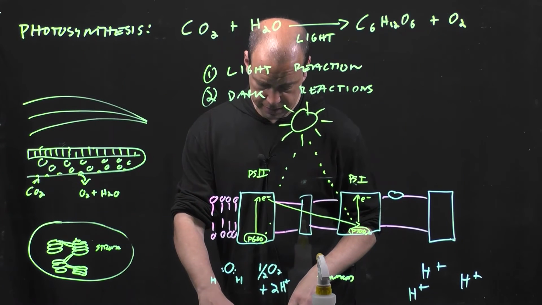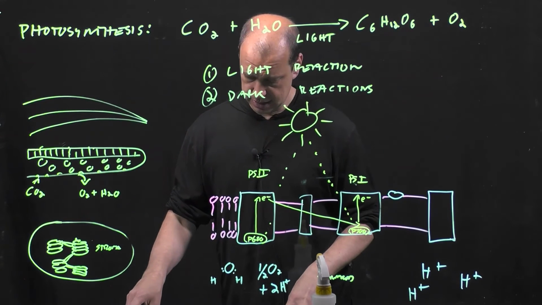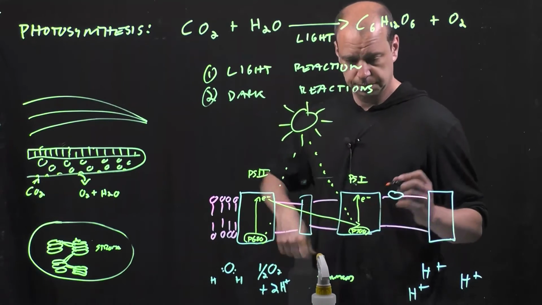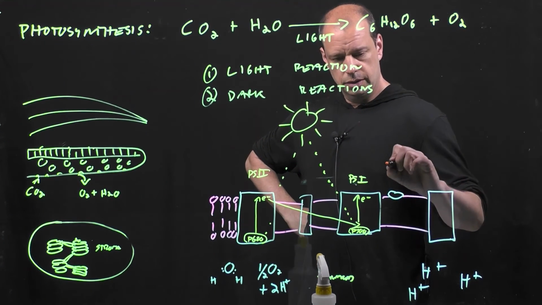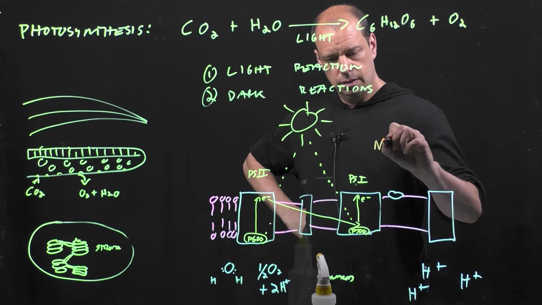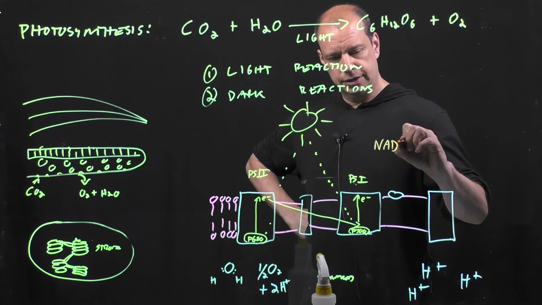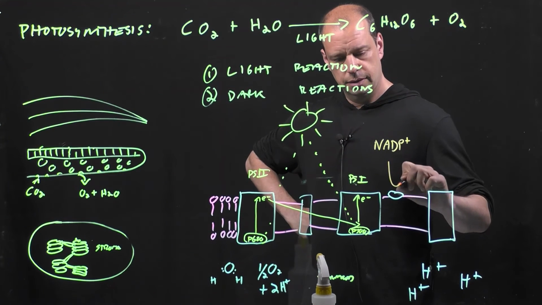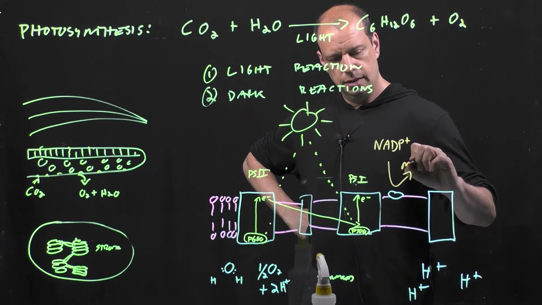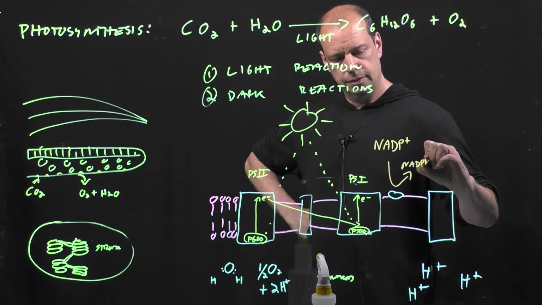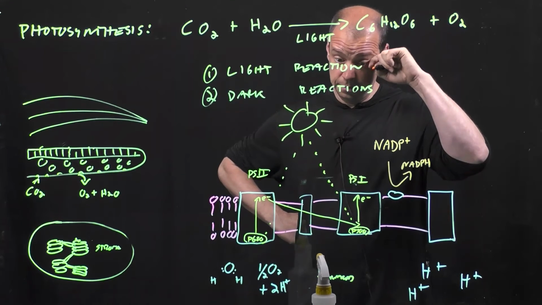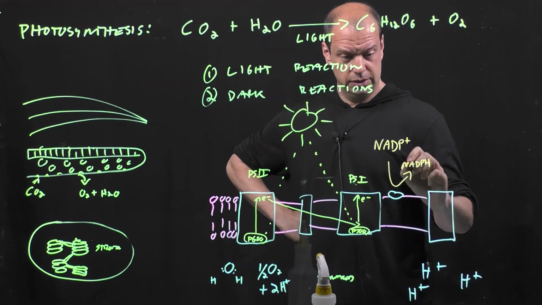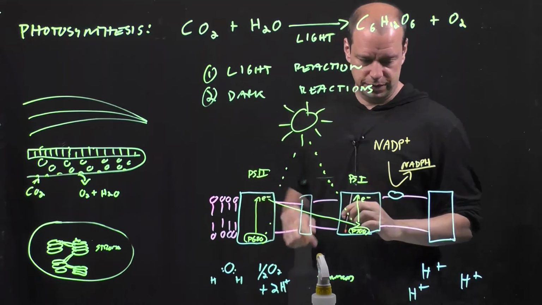And at this point, that energy is used to increase the concentration of NADPH via reduction of NADP. So this is one of the key outputs of this part of the cycle.